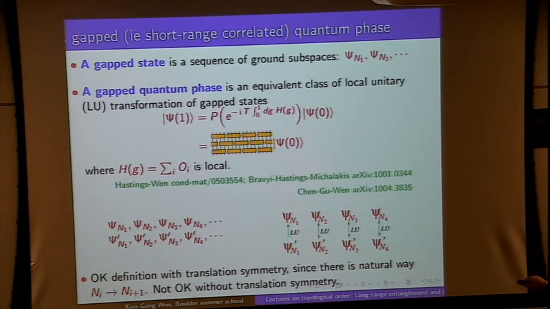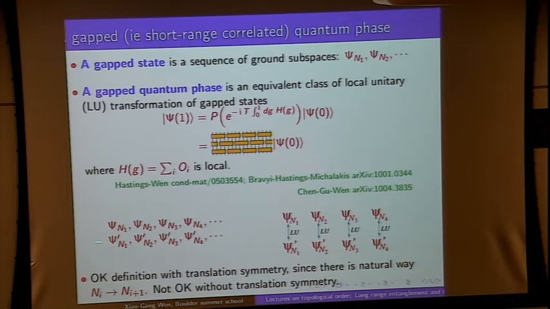The local unitary transformation is something like this, where you have a unitary operator acting on nearby sites. You can have one layer of unitary operators acting on these patches, and you may have another layer of unitary transformations, and those transformations change a state to another state.